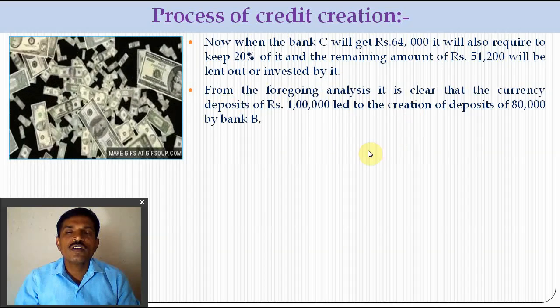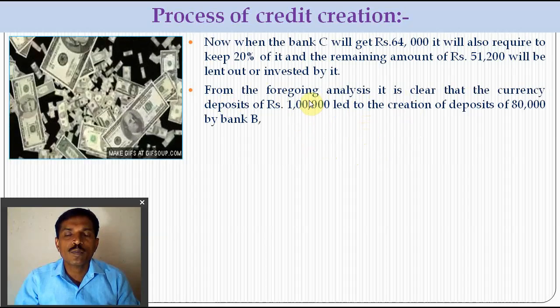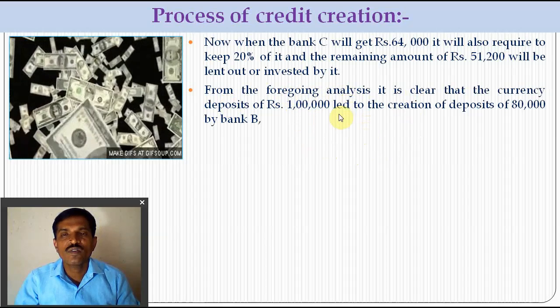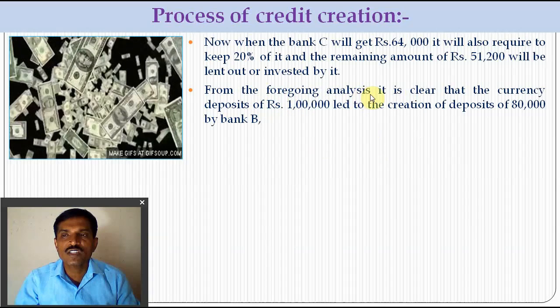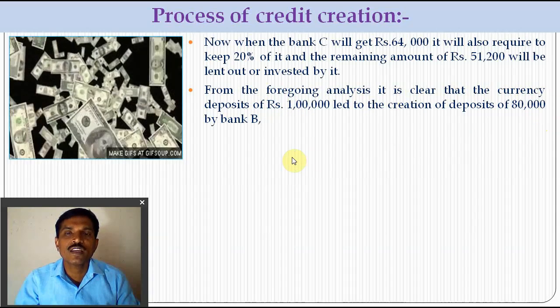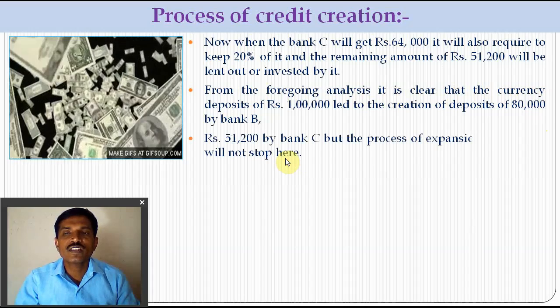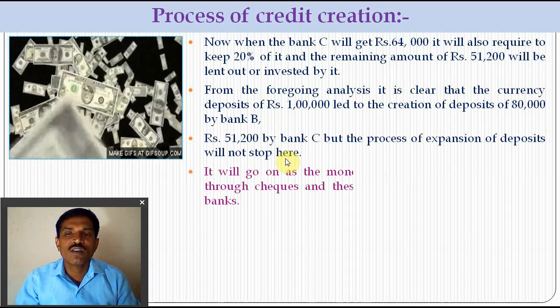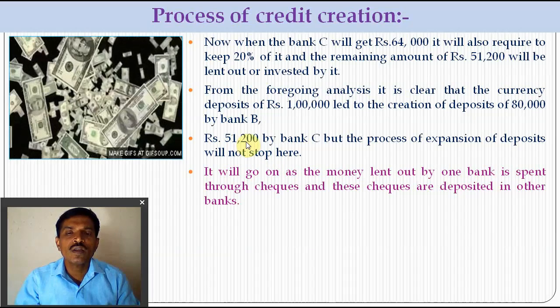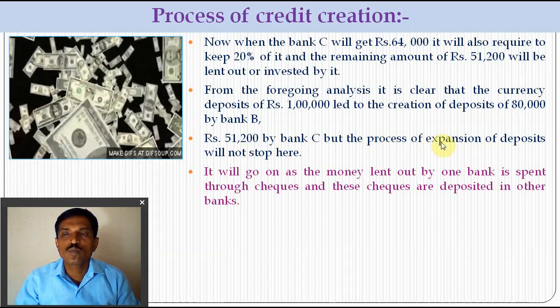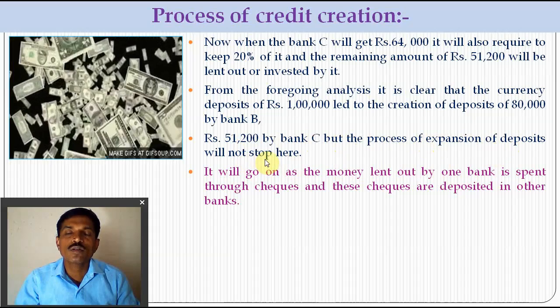This is the continuous process of depositing money and giving loans, until 1 rupee remains. From this process, how much money is created by the commercial banks is explained with this formula. The 51,200 lent by the C bank, the process of expansion of deposits will not stop here.